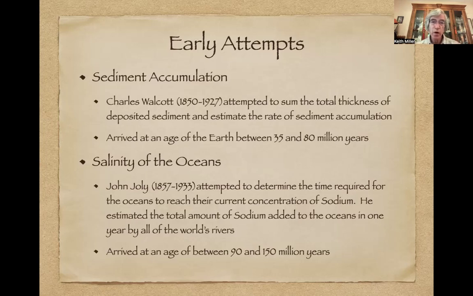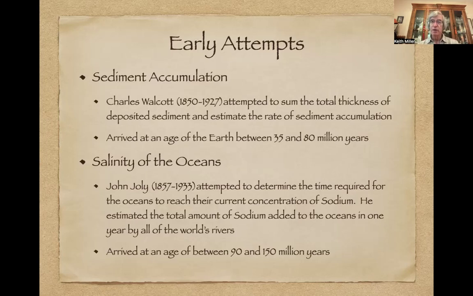One of the first ones was sediment accumulation. A person called Charles Walcott attempted to determine what the sum total thickness of all the deposited sediment was in an area and even globally.